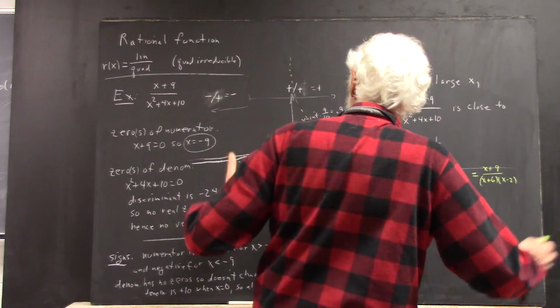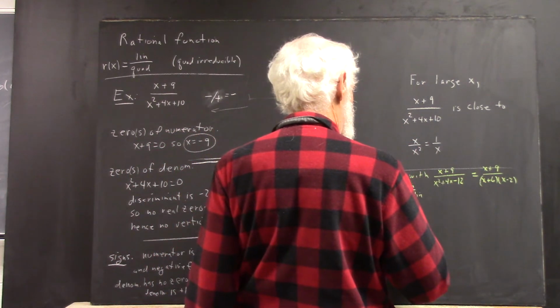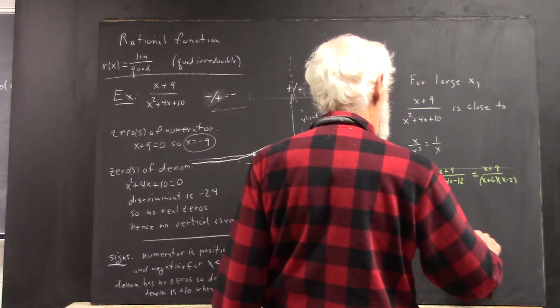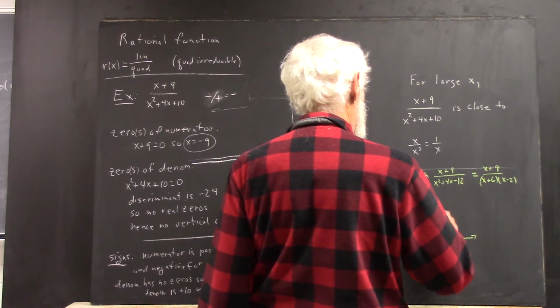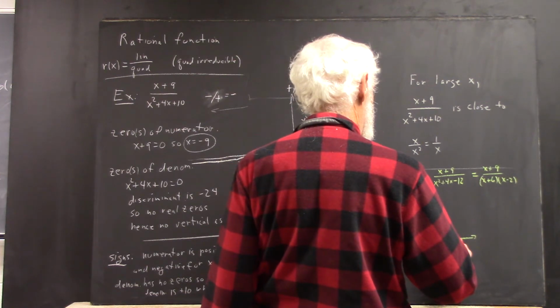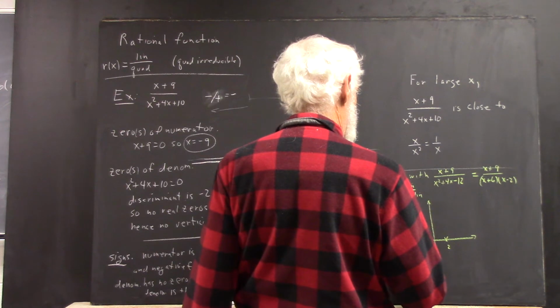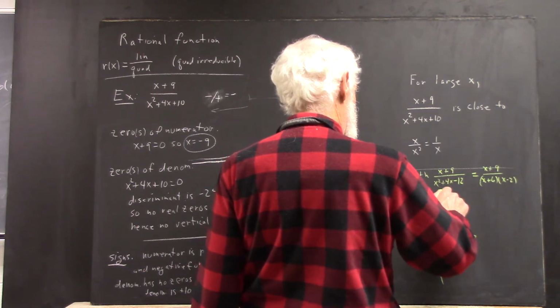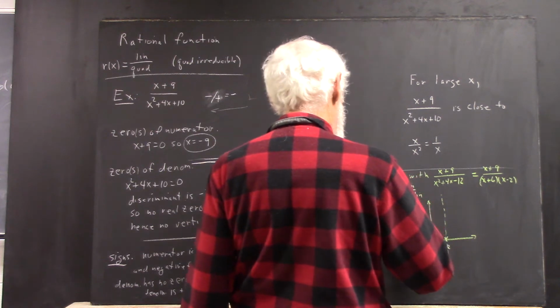And if you just do what we do, we see that we have zeros in the denominator at 2 and negative 6, and those aren't zeros of the function, those are asymptotes.